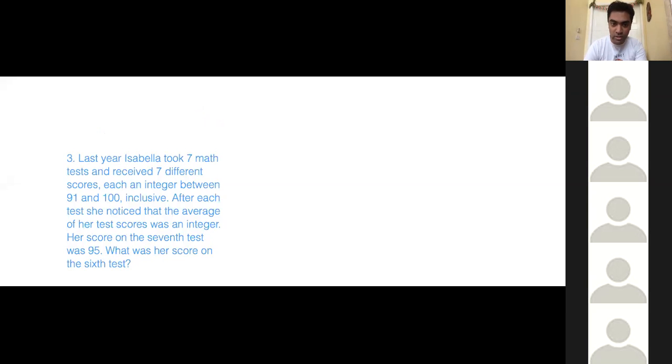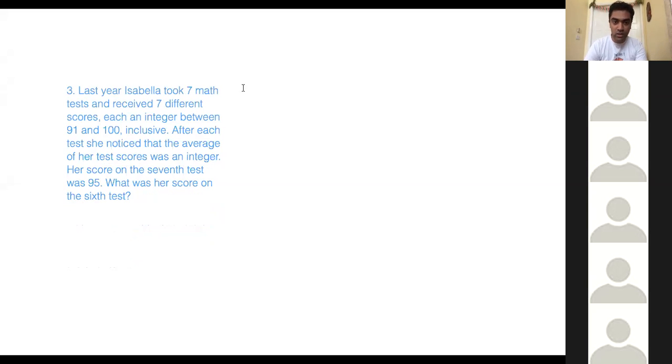Let's go through this. There's a few important points in this question. One is Isabella received 7 different scores, each an integer between 91 and 100. The interesting part is that after each test, she noticed that the average of her test scores was an integer.